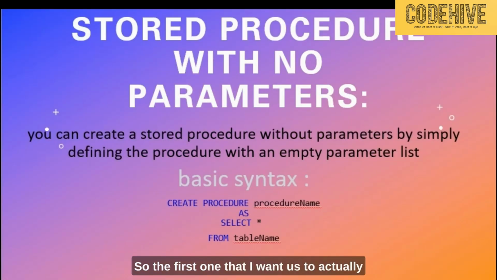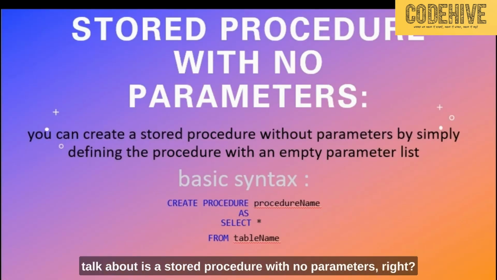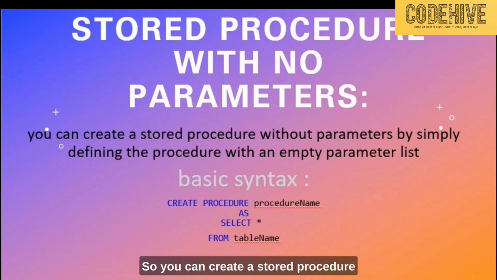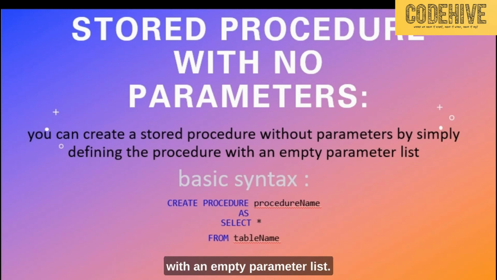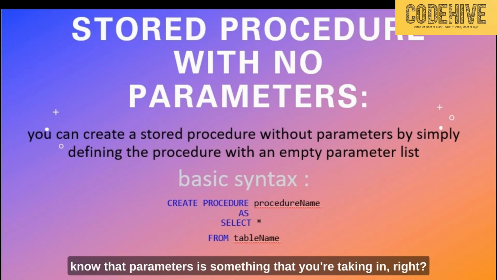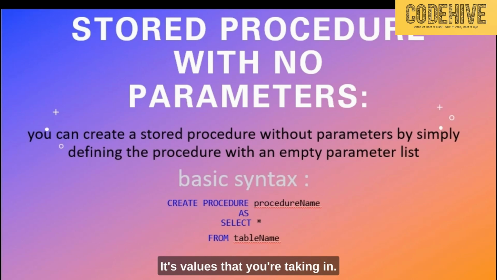Okay, so the first one that I want us to talk about is a stored procedure with no parameters. You can create a stored procedure without parameters by simply defining the procedure with an empty parameter list. If you know Java and C#, you would know that parameters are values that you're taking in. You're creating a variable that you're taking into a specific method, for example.